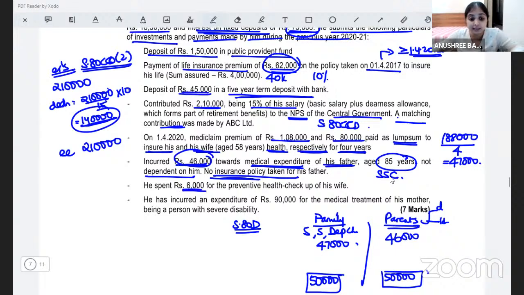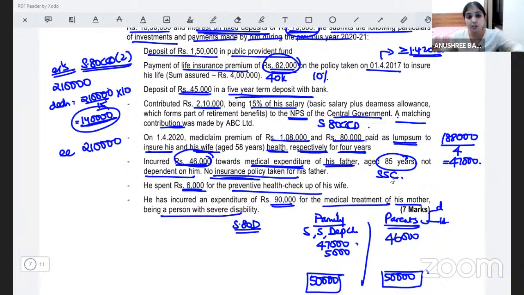Then he spent 6,000 for preventive health checkup of wife. Preventive health checkup has to be limited to 5,000. So here I will write 5,000. Then he incurred expenditure of 90,000 for medical treatment of his mother, being a person with severe disability. Severe disability, how much deduction do you get?